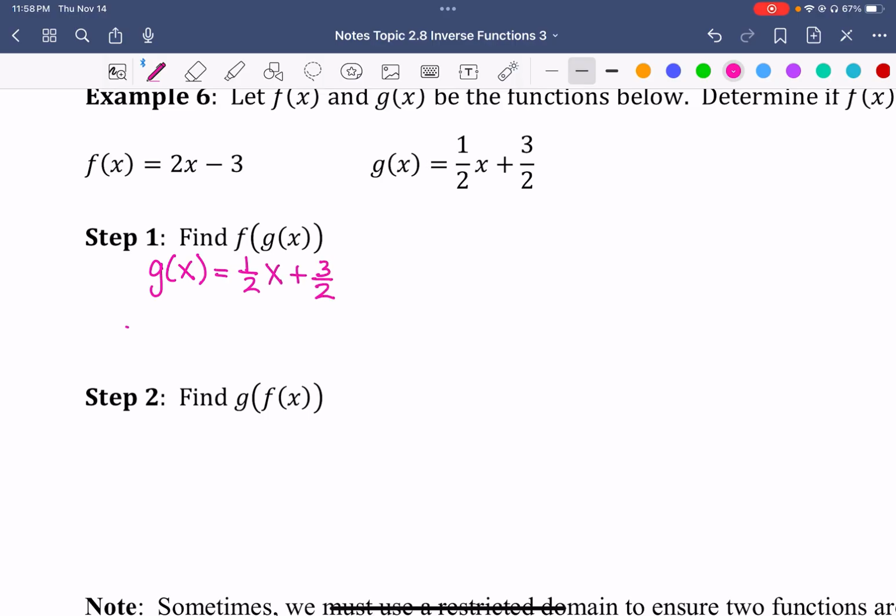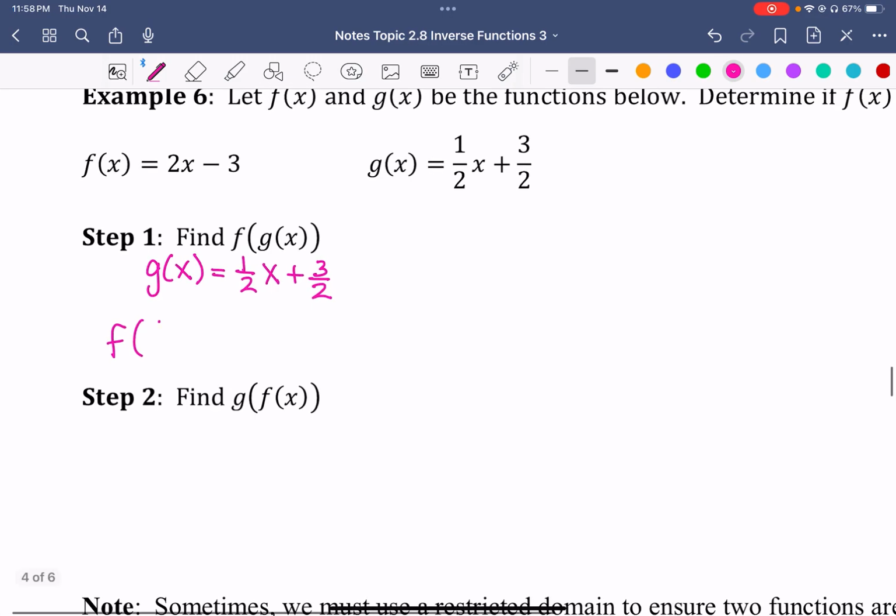That answer, I'm going to plug it into f of x. So I'm going to do f of 1/2 x plus 3 over 2. If I plug that into f, which is 2x minus 3, I would have 2 times 1/2 x plus 3 over 2. And then on the outside, I still have minus 3.